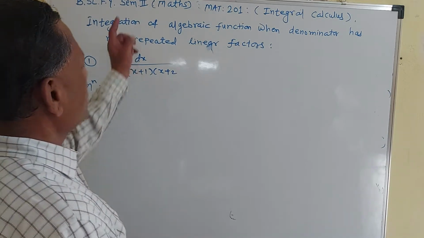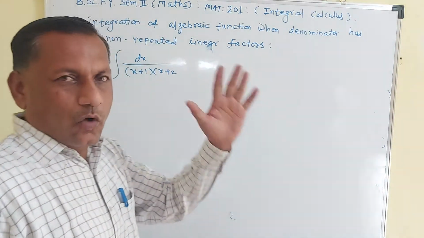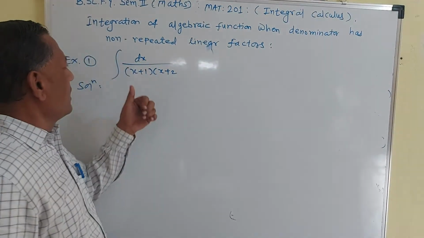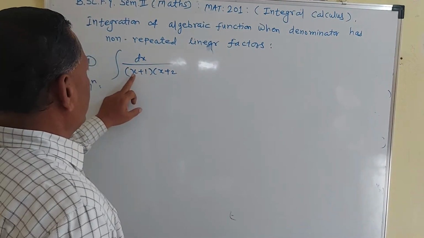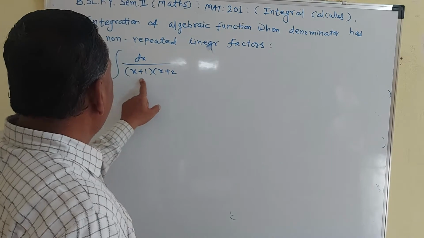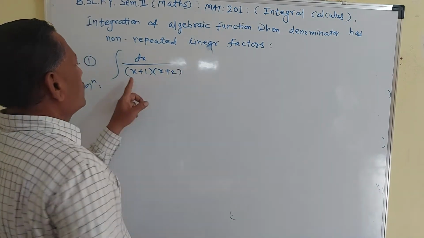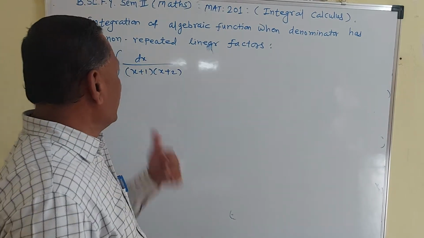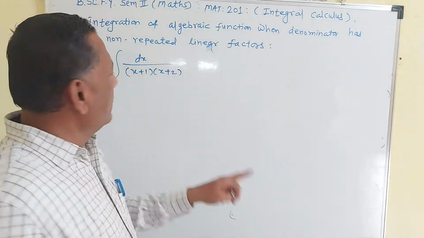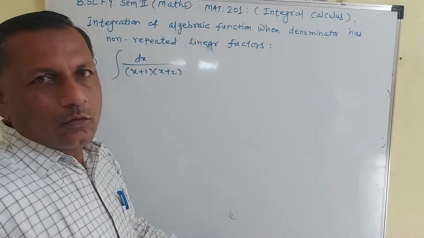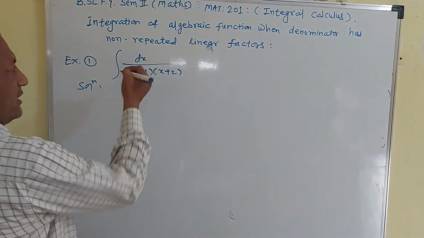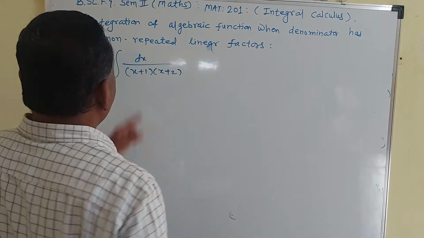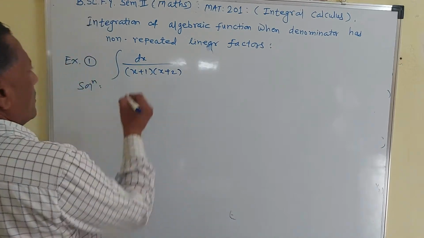Now you observe that the numerator is the constant polynomial 1 and the denominator has two factors, x plus 1 and x plus 2, and these two factors are linear factors and they are non-repeated. x plus 1 occurs one time and x plus 2 again occurs one time. So when this situation occurs, how do you find its integration?